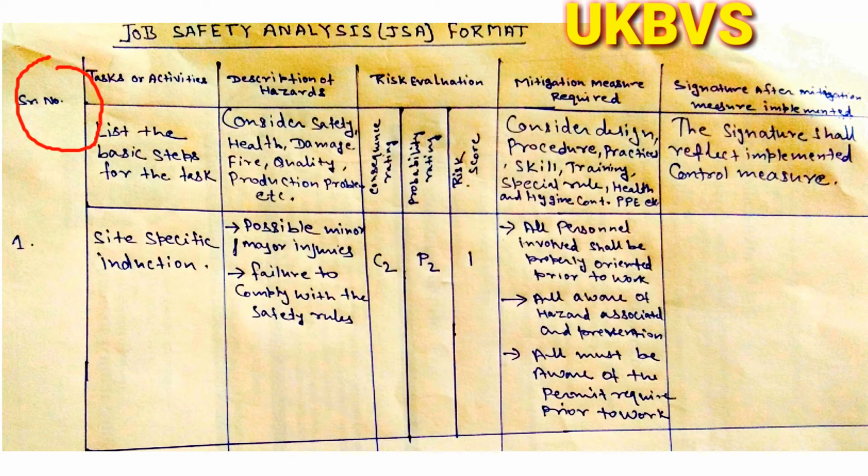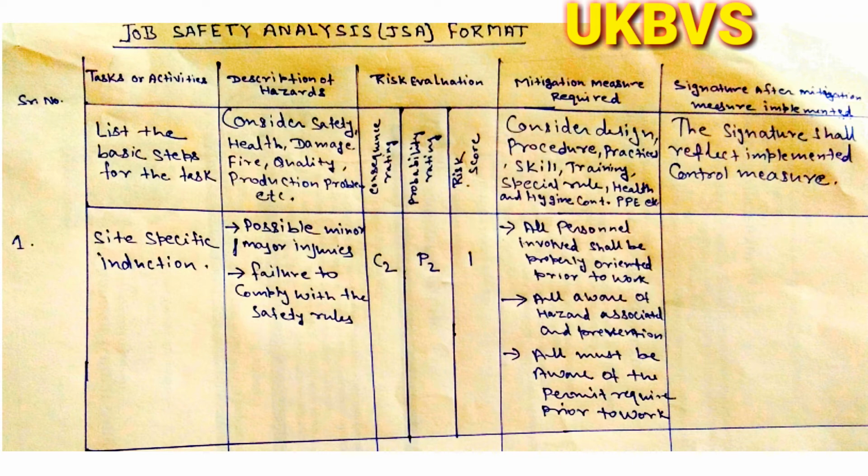The first column is serial number, the second is task or activity, the third is description of hazards, the fourth column is risk evaluation, the fifth column is mitigation measure required, and the sixth column is signature after mitigation measure implemented. These are the six columns applied for making a JSA.